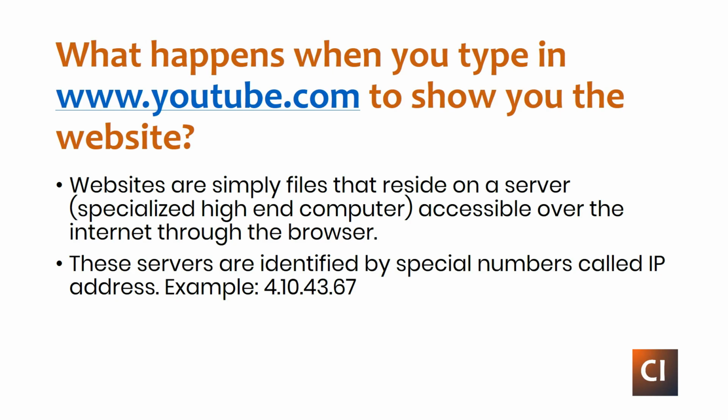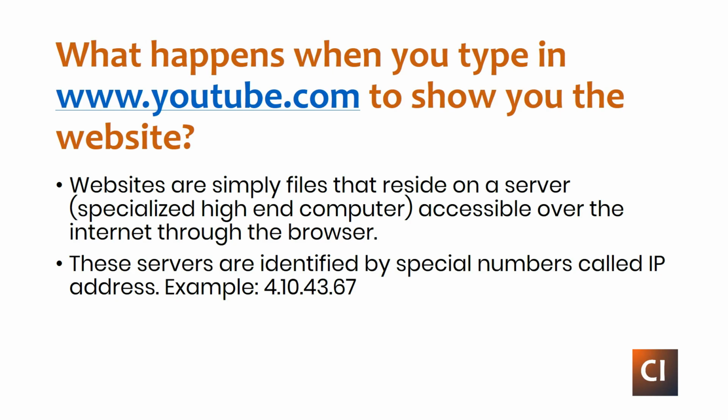So YouTube servers are there, Facebook servers are there. They are all storing the website files. Now, how does the browser know how to go to this particular server for the site this person has requested? These servers on the internet are identified by special numbers.